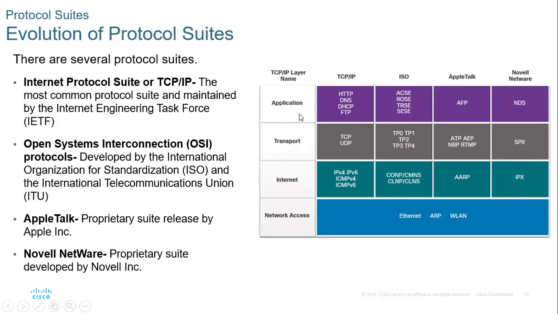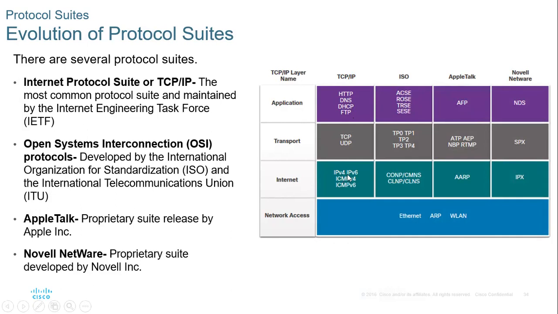In TCP/IP there are basically four layers: application, transport, internet, and network access, whereas OSI has seven layers. The TCP/IP layers: the application layer consists of HTTP, DNS, DHCP, FTP. The transport layer consists of TCP, UDP.